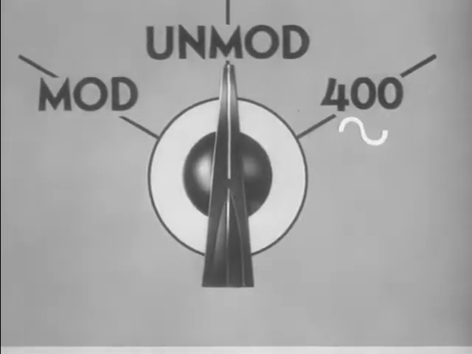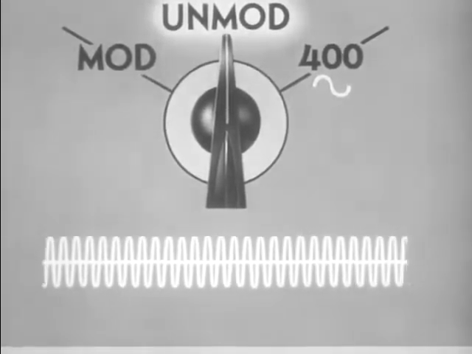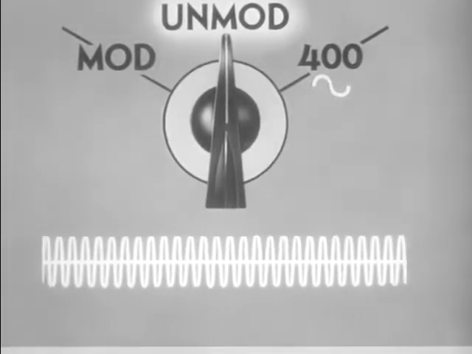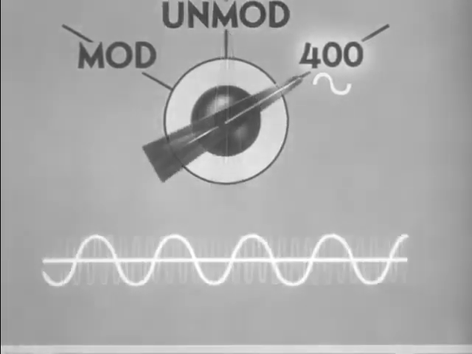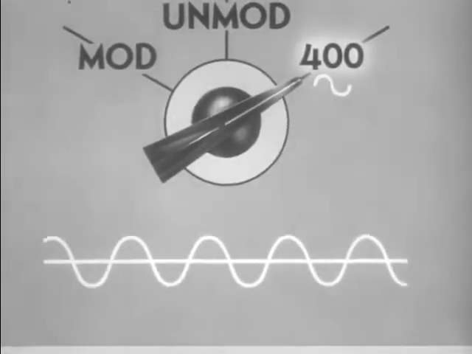Thus, when the output switch is on unmodulated, the result is the normal RF wave as produced by the oscillator. If the audio signal only is desired, switch to 400 cycles, which in this generator is the frequency of the modulator.